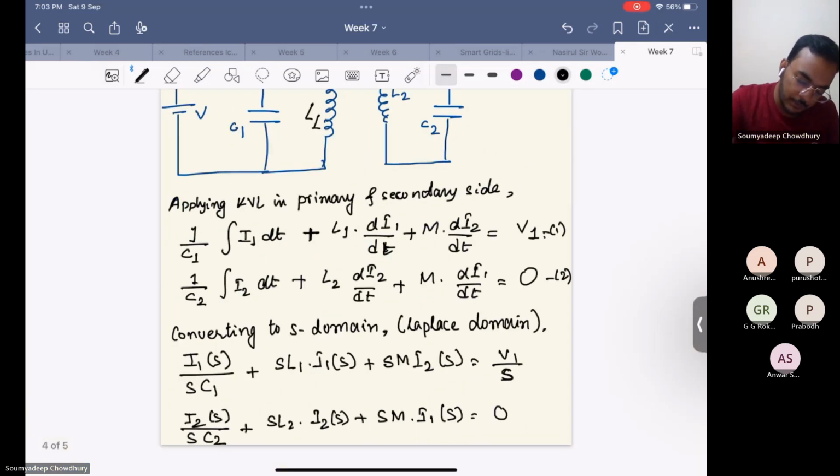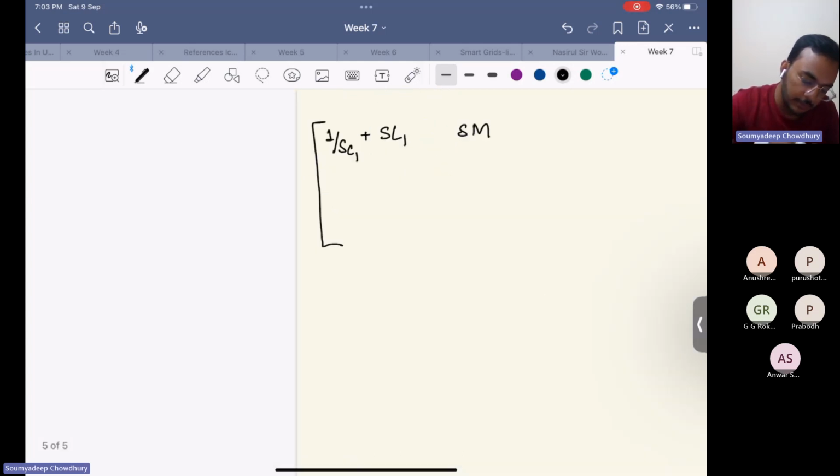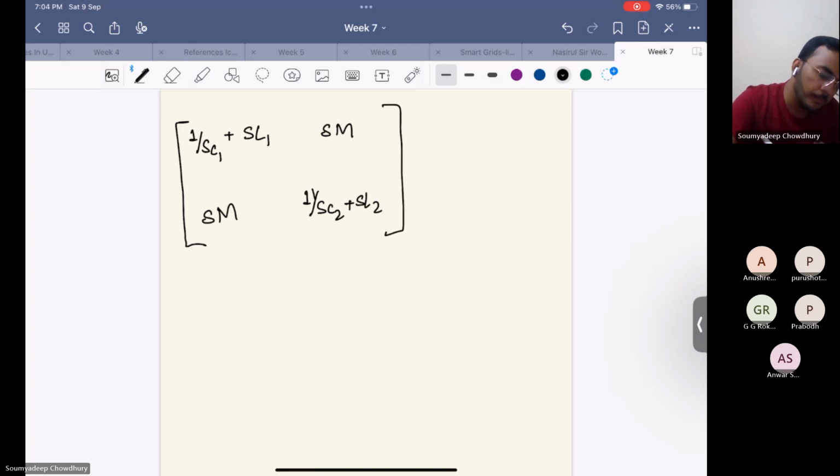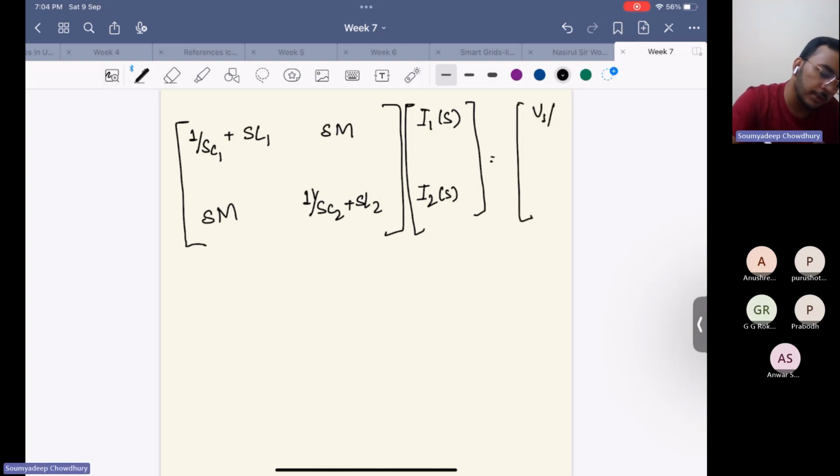Here we have 1 by SC2 plus SL2, and SM, 1 by SC2, equal to V1 by S and 0.